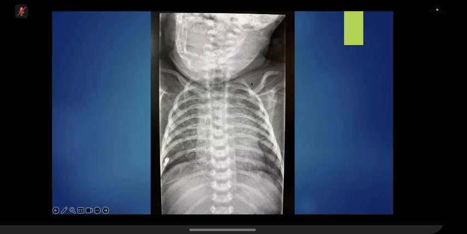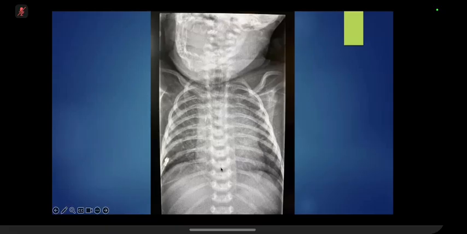There is a widening of the right side of the mediastinum, and a chest tube is seen in situ. Yes, this one.